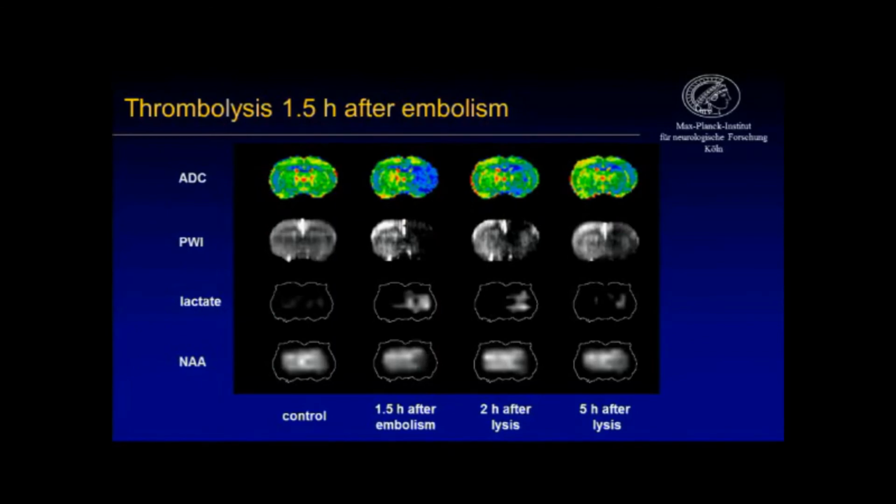We also see that we have perfusion deficit in this hemisphere, and we have production of lactate. Then we start lysis, and 2 hours after lysis begins, the ADC image already looks more or less normal compared to the pre-stroke situation. We see that perfusion has improved, even though it's only patchy. And then we see as time goes on that the lactate production is reduced, so lactate is washed out.